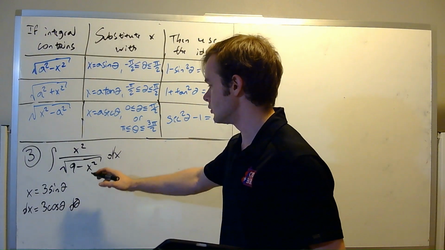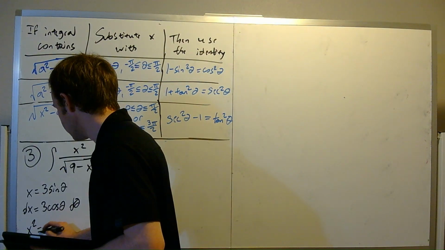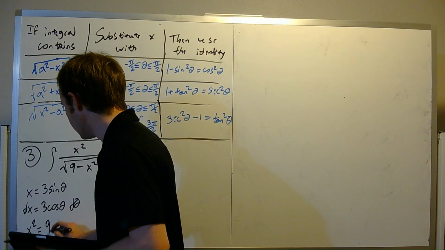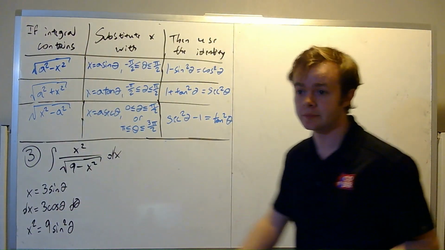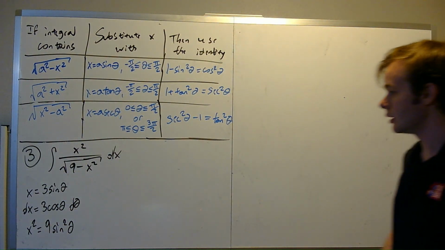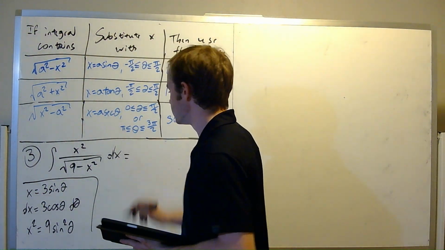Now, here we have x squared in the problem, so I'll just write down here. You don't have to do this, but x squared is 9 sine squared theta. I just squared x, and that's what you get. Okay, and now we can go ahead and rewrite our integral in terms of theta.